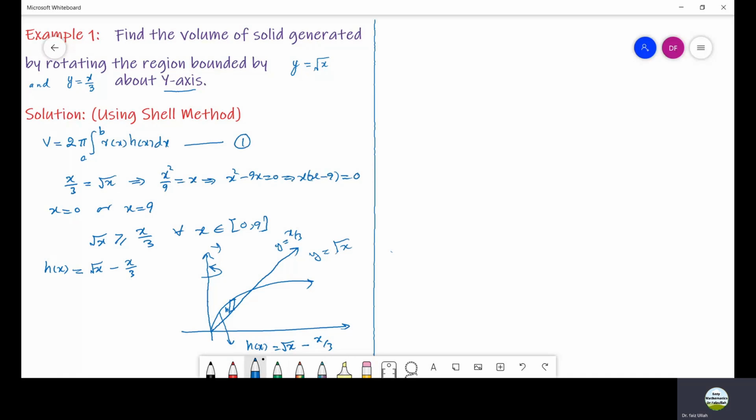And now let us use formula number 1 to find the volume. But the next thing which we need is the radius r of x. So radius r of x is equal to x. Therefore, 1 implies that V is equal to 2 pi, limits of integration from 0 to 9, times r of x, which is x, times h of x, which is under root x minus x by 3, dx.